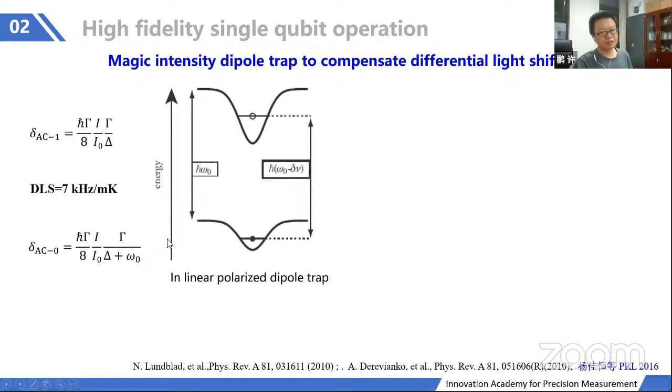And this difference can be as large as some 7 kilohertz per millikelvin, which means if the trap depth is 1 millikelvin, it will induce a maximum differential light shift of some 7 kilohertz.